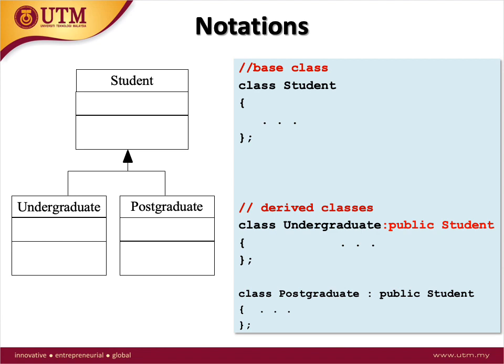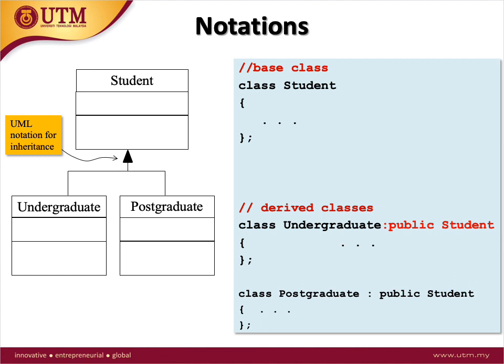If you look at these notations, this is the base class and the derived classes, undergraduate and postgraduate. So how is it implemented in code? This is the UML notation for inheritance. There is an arrow pointing to the base class.